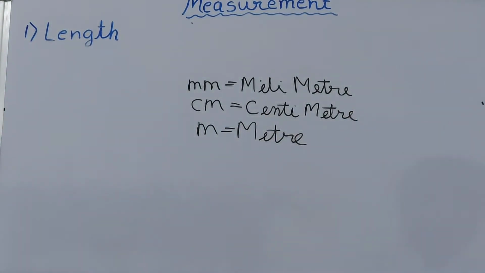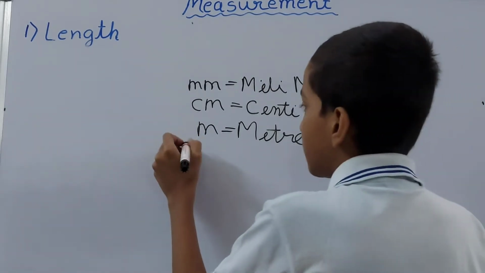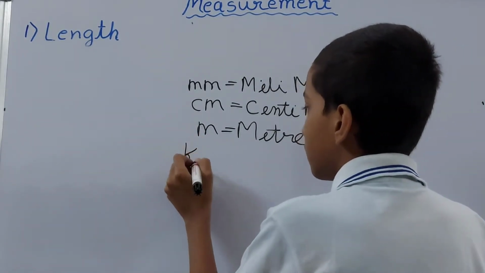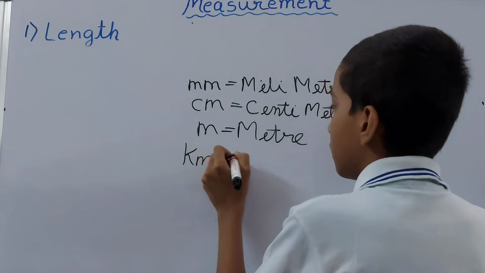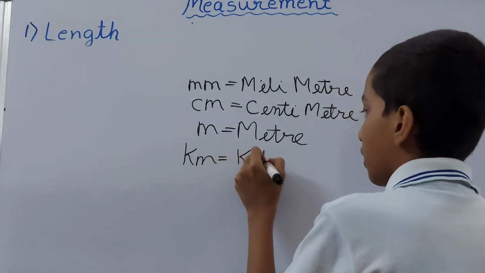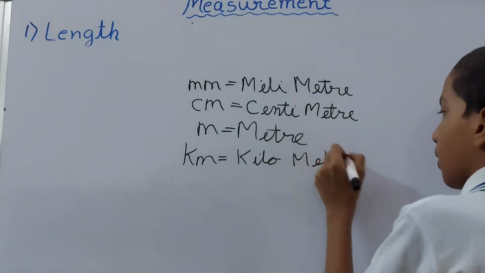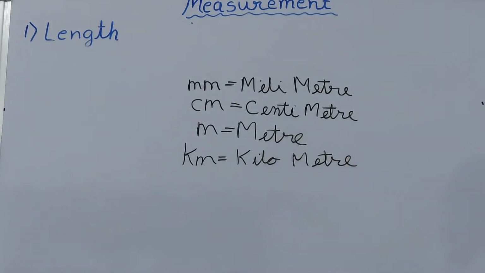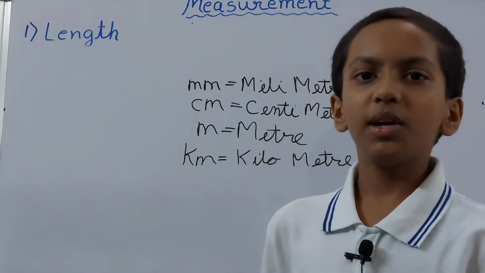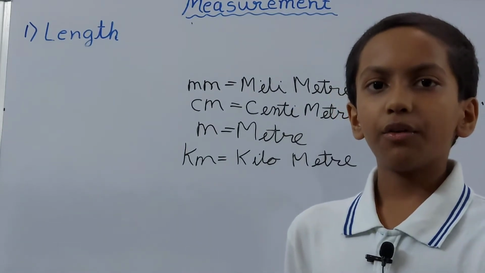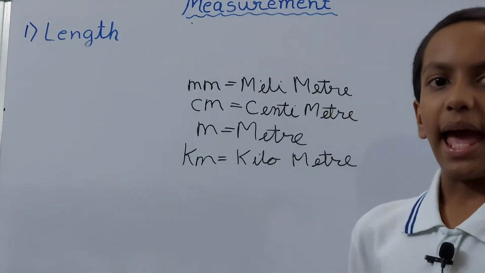So friends, the next unit is meter, and in short we write it as m. And let's see the next unit. So friends, the next unit is kilometers. In short, we write it as km.